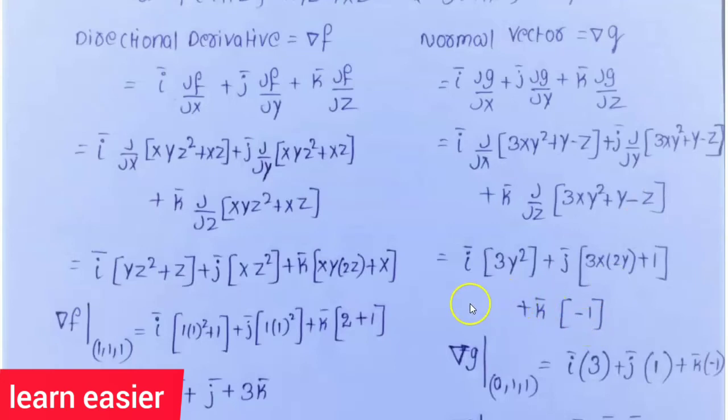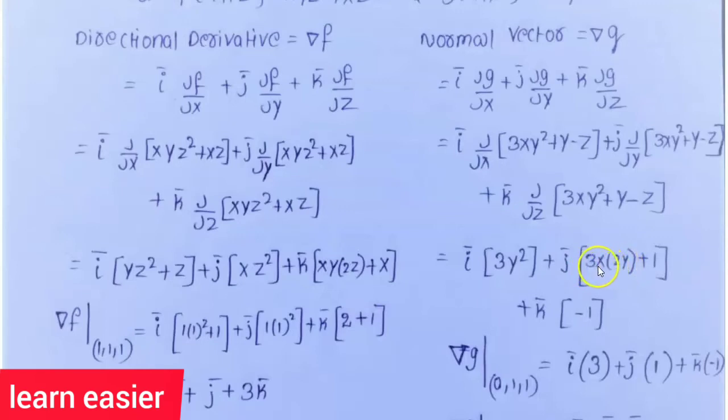So finally after differentiating we get i bar into 3y square plus j bar into 3x into 2y, that is 6xy plus 1, plus k bar into minus 1. Now we have to substitute (0, 1, 1) in this equation. After substituting y as 1, 3 into 1 square is 3, and here we substitute 0 in x and 1 in y.